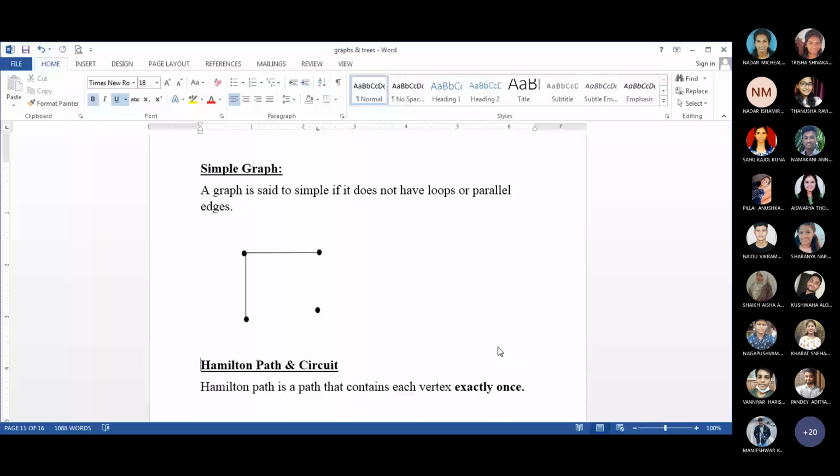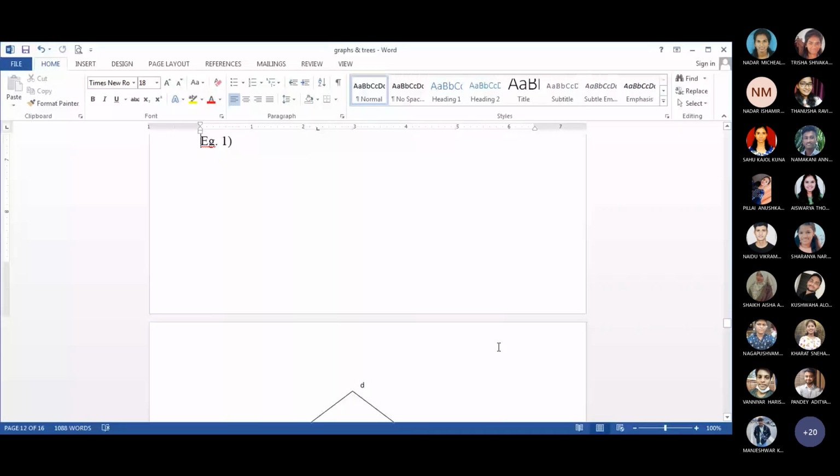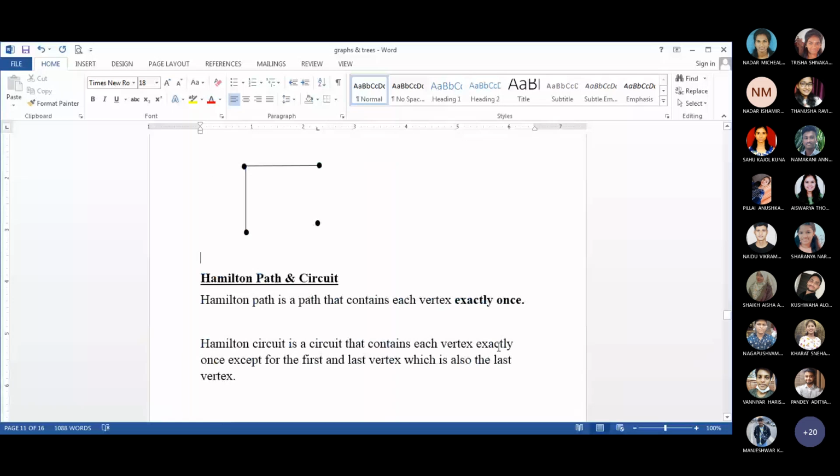Next is Hamilton path and Hamilton circuit. What was your Euler path? Euler path means every edge has to be considered exactly once. But वहां पे तुम्हारा vertex repetition allowed था Euler में.